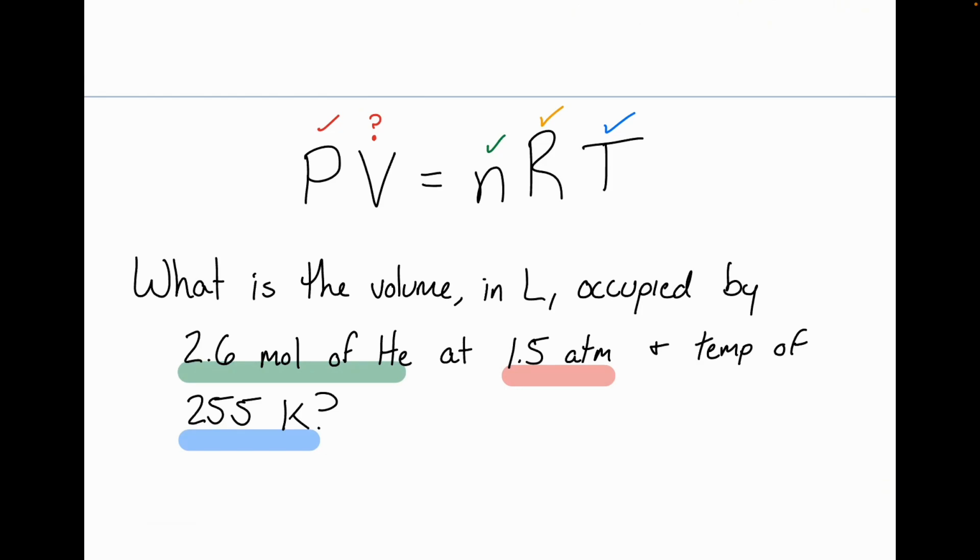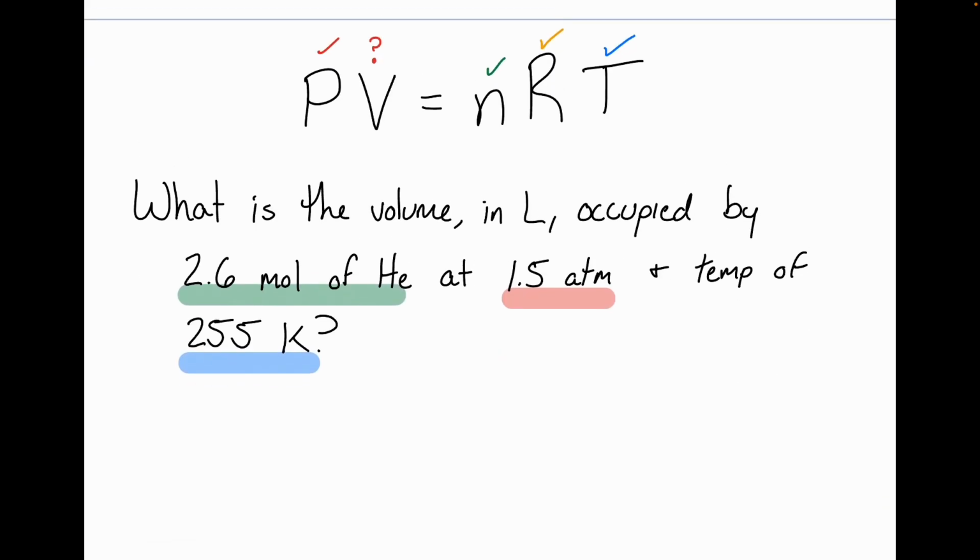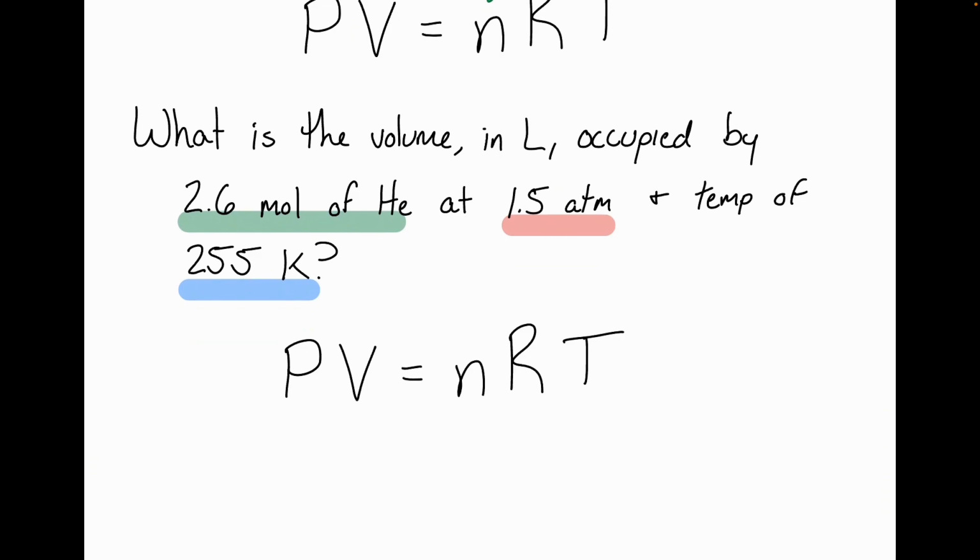If you're given 3 out of the 4 variables, you should always be able to find that 4th one. And what we're going to need to do is just some very simple algebra here. Let's take our PV equals nRT, and we're going to rearrange this to solve for V. By solve for V, I mean get V all by itself and move everything else to the other side of the equal sign.